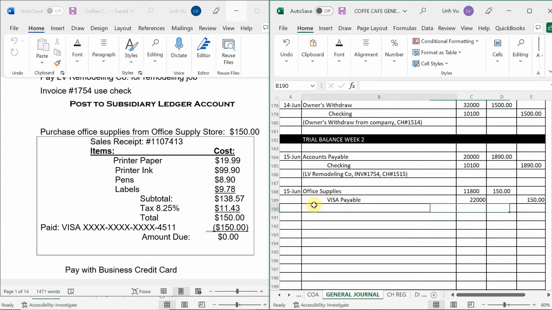Anything else? We know we bought it from the Office Supply Store with that sales receipt number, 1107413. I personally won't list all the things we bought.